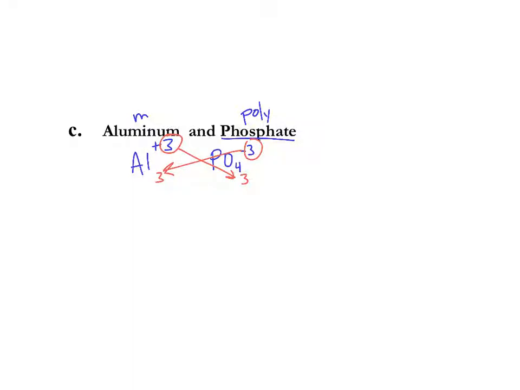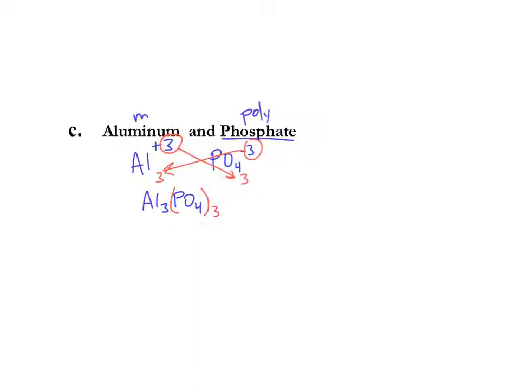So when I rewrite this, I get Al3 PO4 3, and 3 is greater than 1, so I have to protect my ion by putting in parentheses, and the 3 goes outside of it. So Al3 (PO4)3.